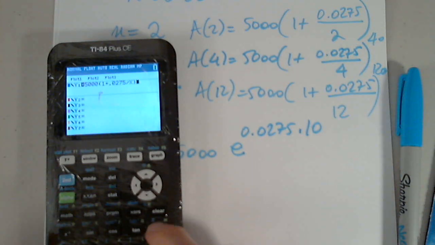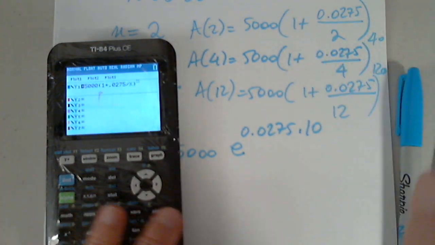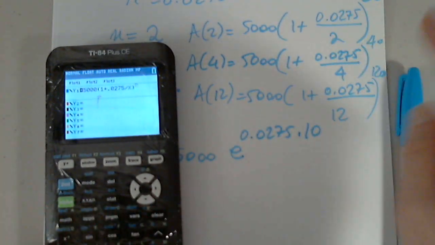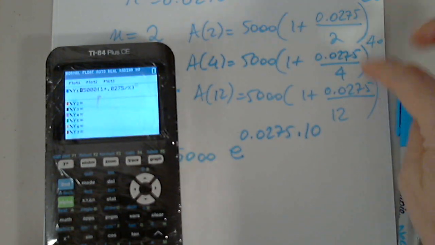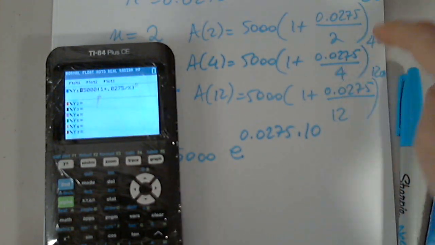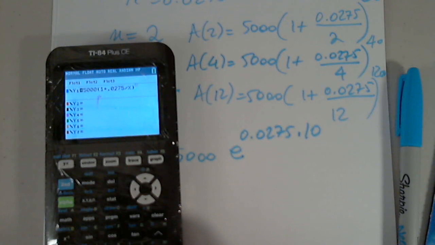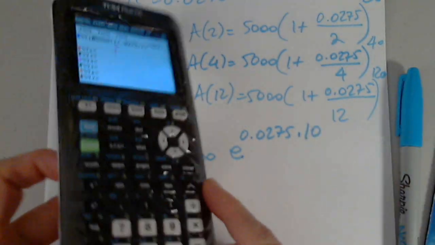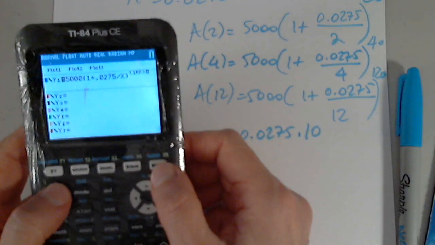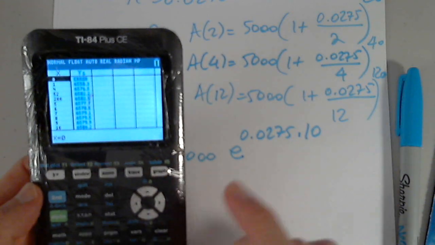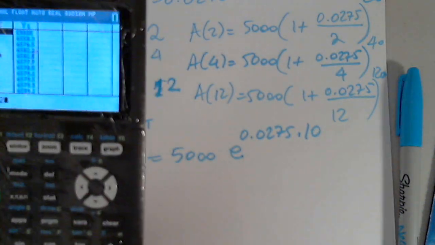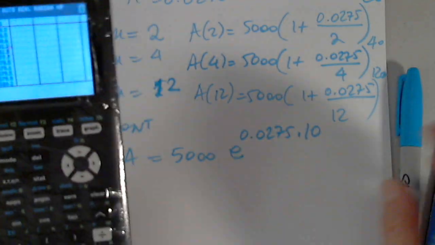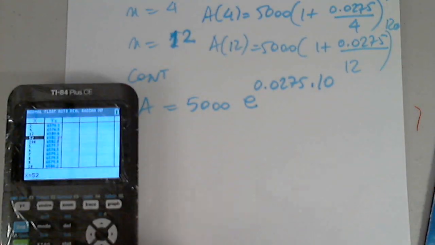Close the parenthesis, put the caret for the power, and I write 10x because every time 2 is multiplied by 10, 4 is multiplied by 10. So the power is in parentheses 10x and close. So then I don't have to punch in the 3 times and second and table, and I punch in 2 and 4 and 12. And I get all 3 answers at once.